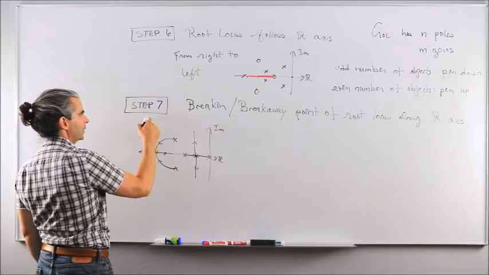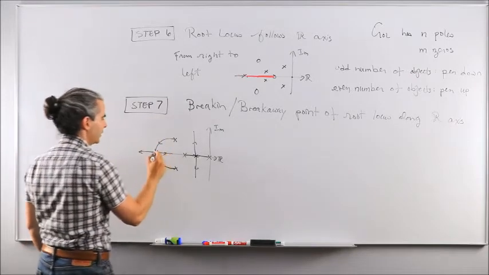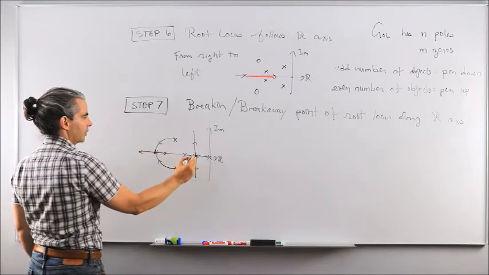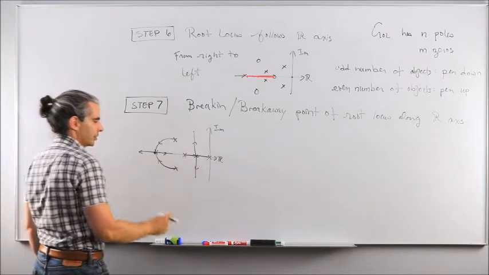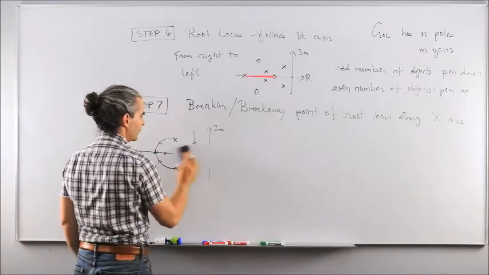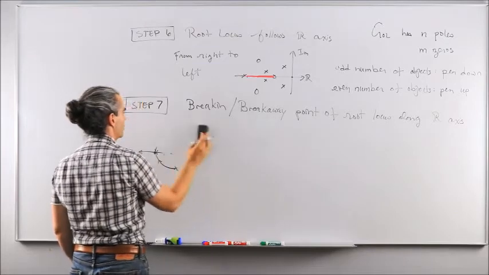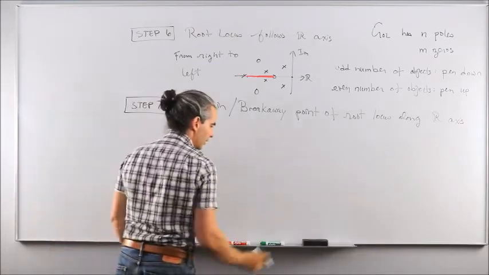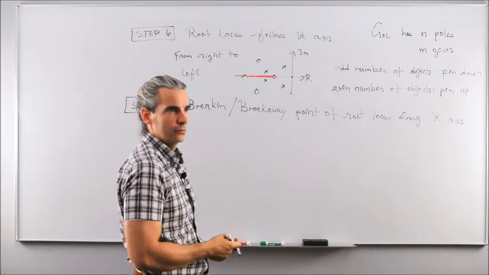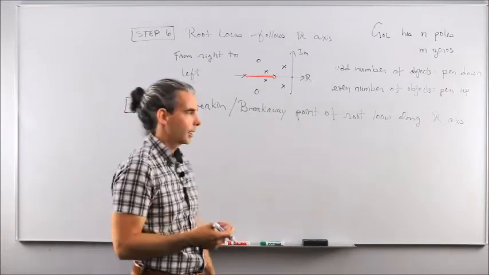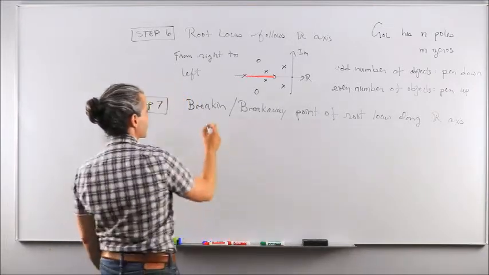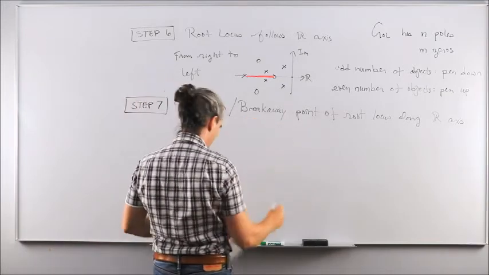But the key of step 7 is to figure out at what location along the real axis are we transitioning either from the real axis to the real axis or from the real axis to away the real axis. If that makes sense to you, okay? So we're looking for the intersection of those key points along the real axis.